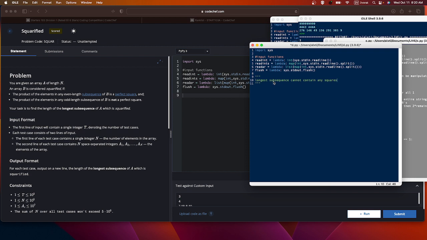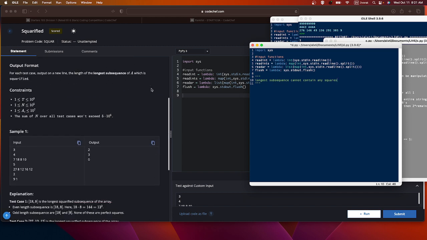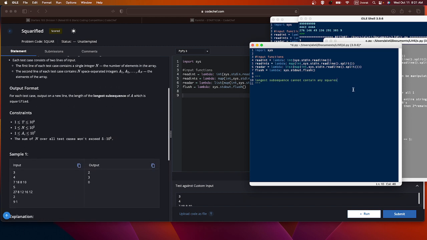If you have an array of 4 and you have a pair that's squarified, like the first 2 are squarified and the last 2 are squarified, then you have square times square, which is still a square. And square times not a square is not a square. Okay, we might actually be seeing a 4 problem solved today. That'll be exciting.